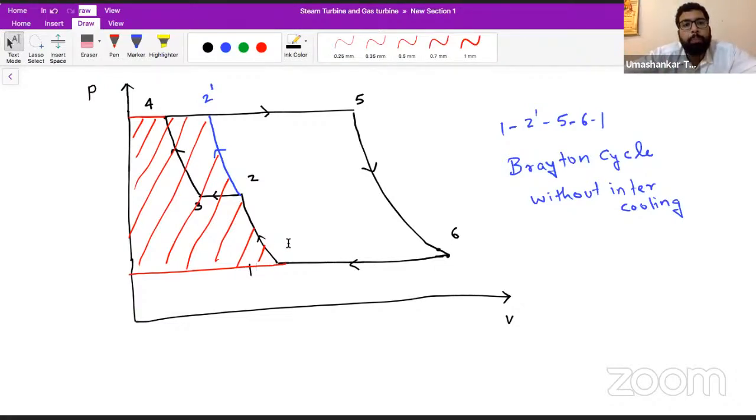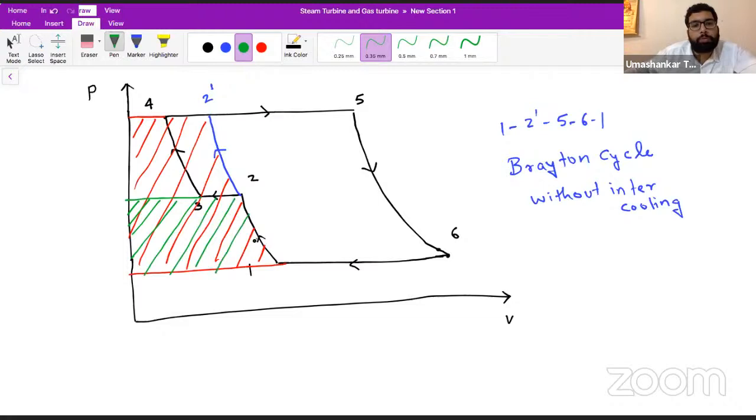But now as we are compressing from 1 to 2, till 1 to 2, this much work will be required.